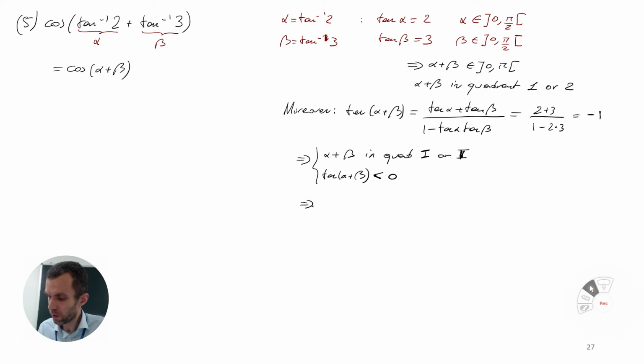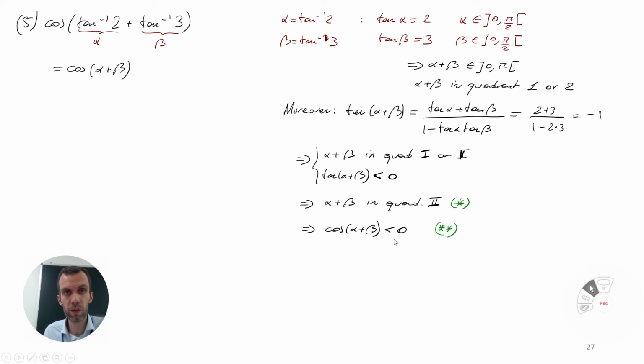And from that it follows that alpha plus beta has to be in quadrant 2. So this is going to be an important relation because it also tells us that cosine of alpha plus beta itself is negative. So now we know the sign of cosine of alpha plus beta, we also need to calculate the value.